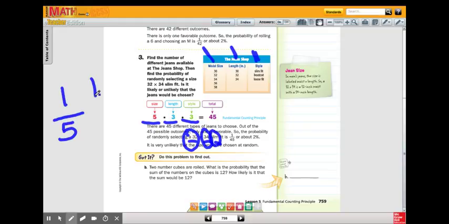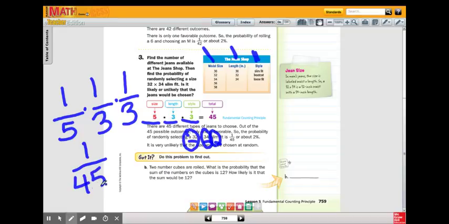There's only one 34 out of the 3 lengths, and there's only one slim out of the 3. So that's where you get 1 times 1 times 1 on top. And 5 times 3 is 15 times 3. That's 1 over 45. And we said that's about 2%. So there you go. Let's keep going.